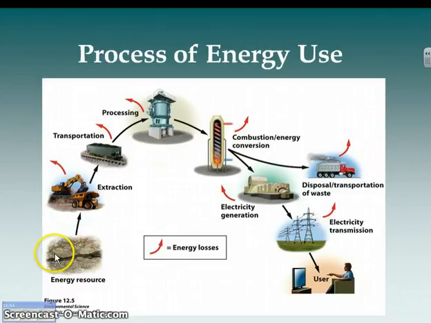Energy is transformed all along the way, and so we can see that we do lose a lot of energy. We lose a lot of it in the form of heat along the way. Coal power plants are only 35% efficient, so that means that only 35% of the energy is converted and used by the person there, the consumer, that was originally started with when the coal was back in the ground.